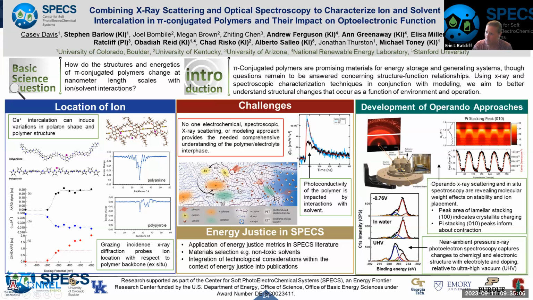This is Casey's poster, thinking about the different length scales of how we can characterize where ions are. On the left is a set of model systems of polyaniline, polypyrrole, and then the NDI, and a theory component from Joel and Megan and Chad's group, as well as some X-ray scattering data looking at the changes in structure as a function of doping.